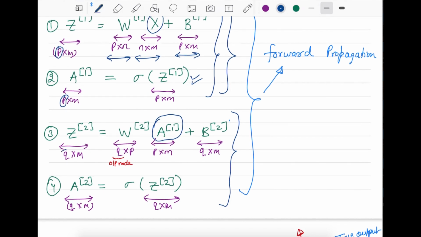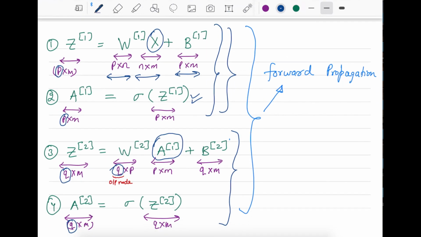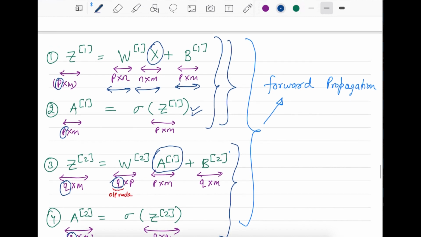But now this is Q, as you can see, because in the second layer we are taking Q output nodes. That's why it is Q now. So this represents the forward propagation for this computational flow diagram, and make yourself comfortable with all these equations, because we will use them when we back propagate and understand back propagation in this neural network.